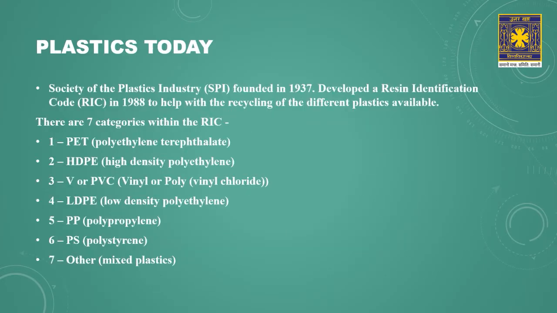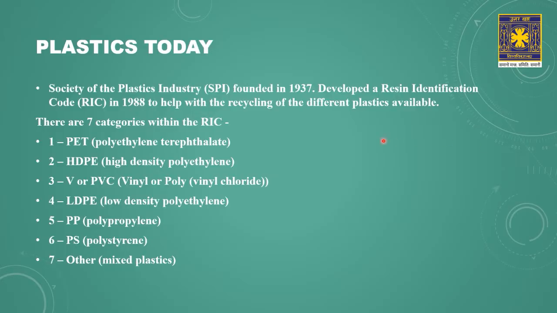In 1937, the Society of Plastic Industry, abbreviated as SPI, developed a system known as the Resin Identification Code. In 1988, depending upon the types of polymers or resins used for the production of plastics, they recognized 7 categories.